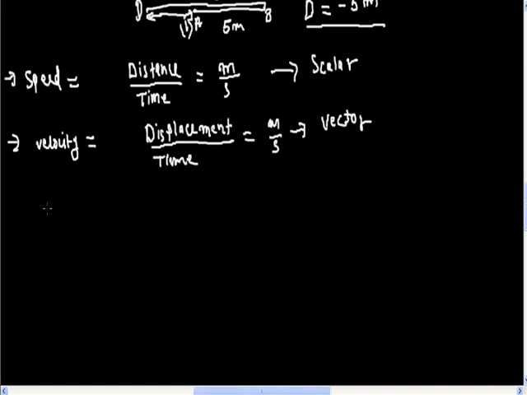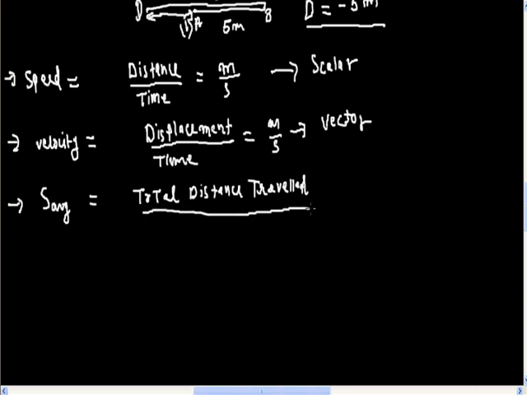Now we take average speed and average velocity. Average speed is denoted by S avg, where avg shows average and S shows speed. It is total distance traveled upon total time taken.